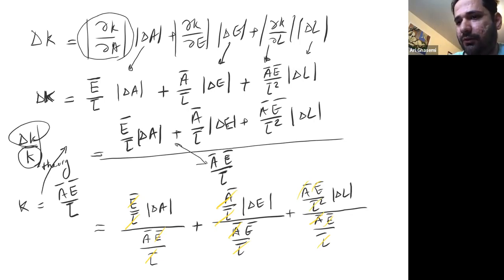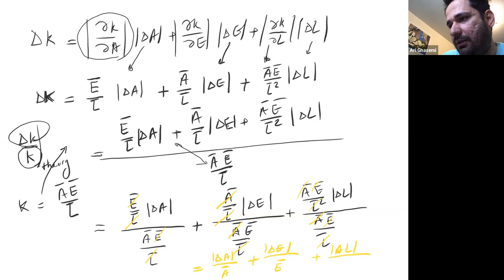So your final equation becomes a beautiful, simple equation: absolute value of delta A over A average, plus absolute value of delta E over E average, plus absolute value of delta L over L average. That's your delta K over K predicted in the table. Look at this equation. Isn't that gorgeous?